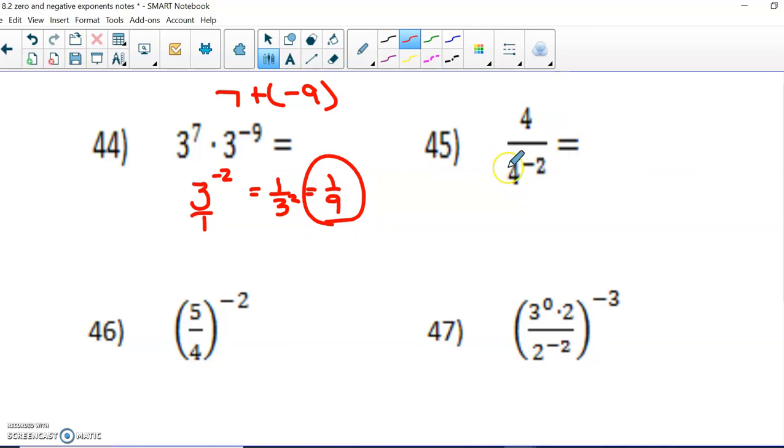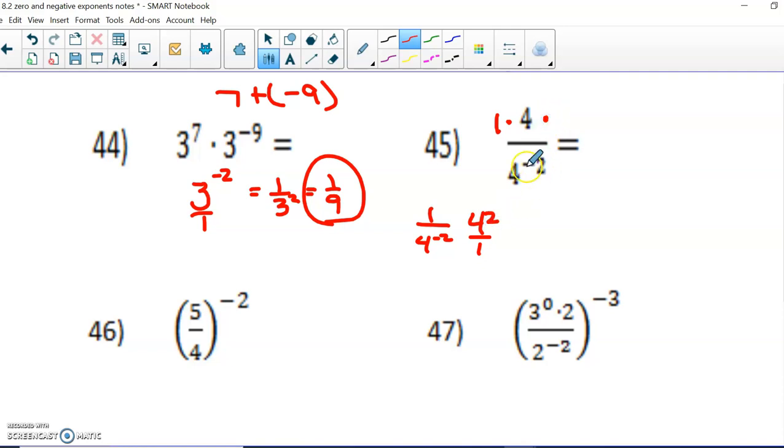All right, here's that negative exponent. It's already in a fraction though. This really means 1 times 4 on the top, so this is really 1/4. If you want to think of it this way, you're going to flip that upside down and make it 4 over 1. Now that negative 2 becomes a positive 2.